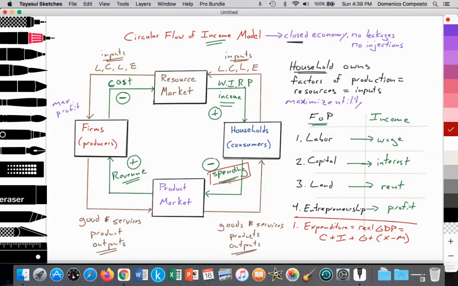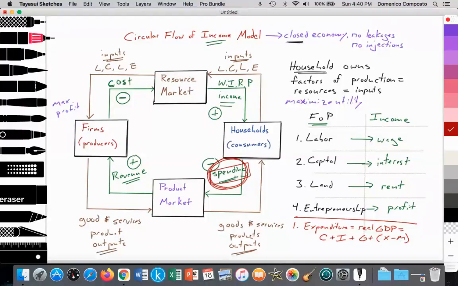So in the circular flow, when GDP is being measured, it's being measured right in this part of the circular flow, looking at how much spending is coming out of the household for final goods and services. And we use this simple formula: consumption spending plus investment spending plus government spending plus exports minus imports.